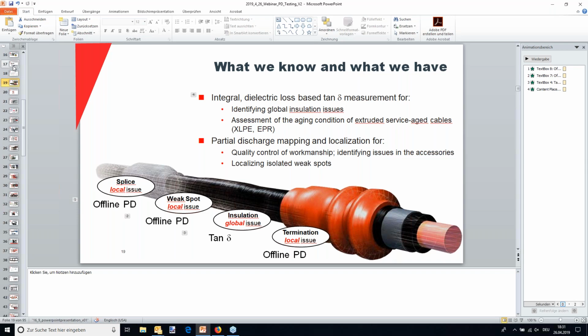I just know from Europe that we rarely see any of these manufacturing-related defects anymore, because you also have to think about the type test in the factory. They have a Faraday cage, a shielded room, or a double shielded room to get any background noise out of the measurement.